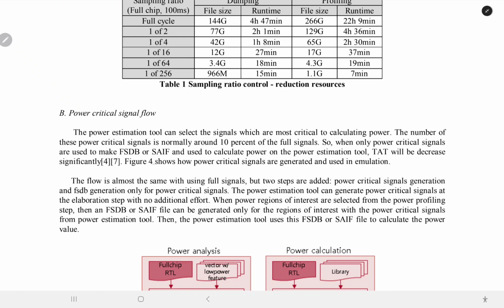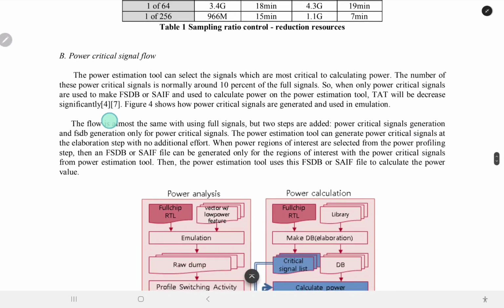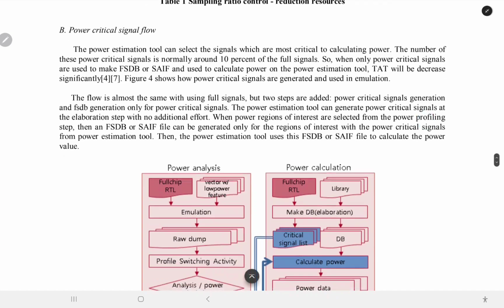Figure 4 shows how power critical signals are generated and used in emulation. The flow is almost the same as using full signals, but two steps are added: power critical signals generation, and FSDB generation only for power critical signals. The power estimation tool can generate power critical signals at the elaboration step with no additional effort.